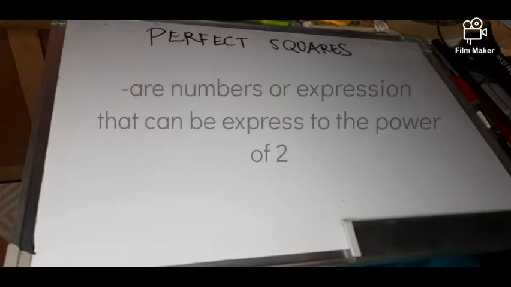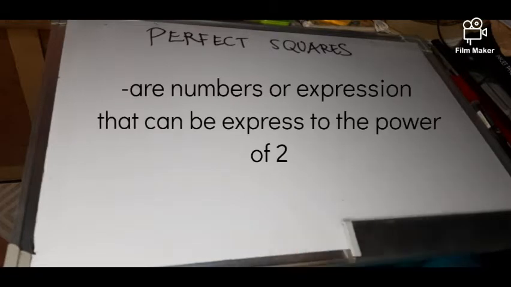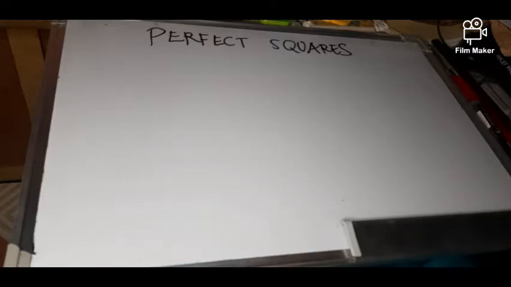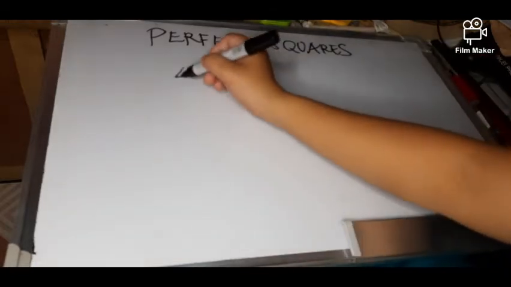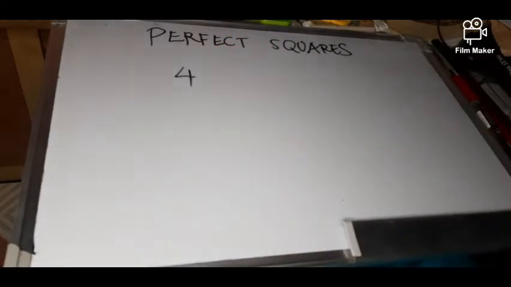Perfect squares are numbers or expressions that can be expressed to the power of 2. Now, for example, meron tayong number 4. So, what is the perfect square of number 4?